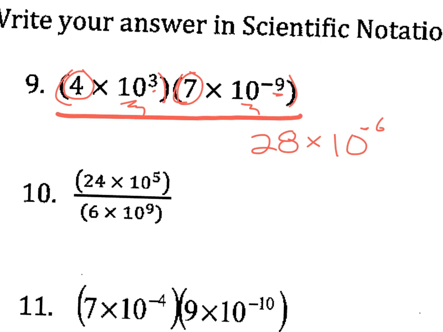Now it wants our answer in scientific notation, and you'll note it's not quite there yet because my decimal point's right there. Technically my number needs to be between 1 and 10, so I gotta move this one spot and make it 2.8. I adjusted and made the number smaller, so I gotta adjust to make my exponent bigger, add 1 to it. 2.8 times 10 to the -5th.